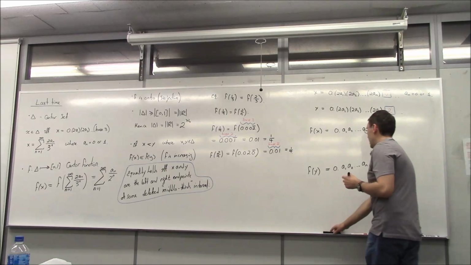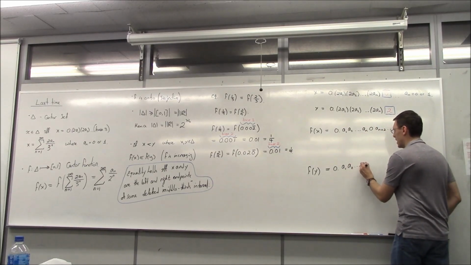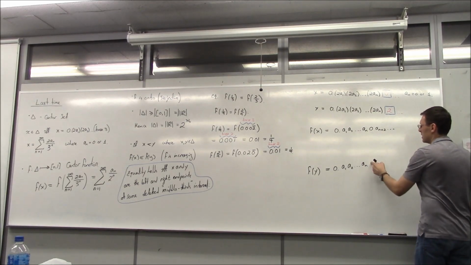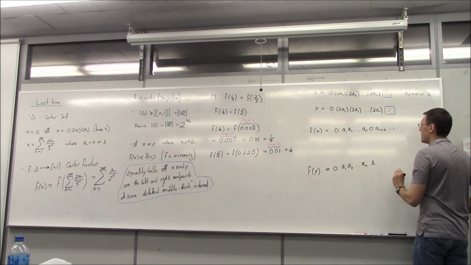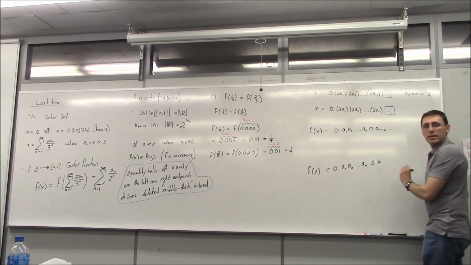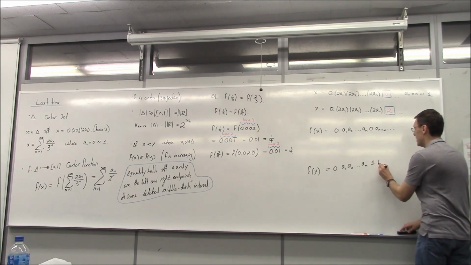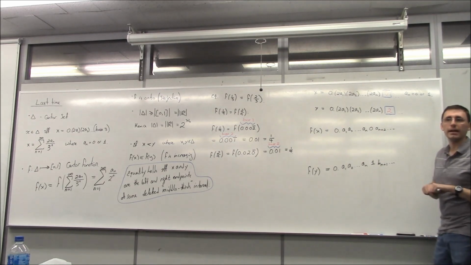So what is f of y? This would be a sub n, followed by, what's here? 1. Followed by, I don't know, the next might be different. So followed by b_{n+2}, etc. Agreed? So afterwards, I don't know what happens.